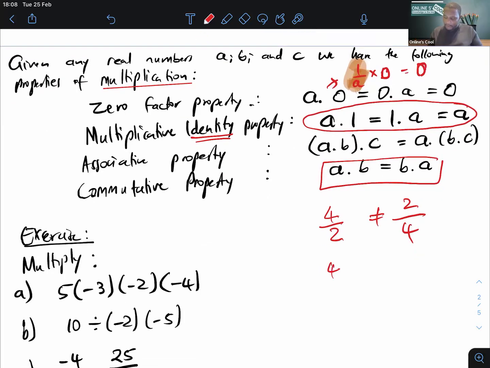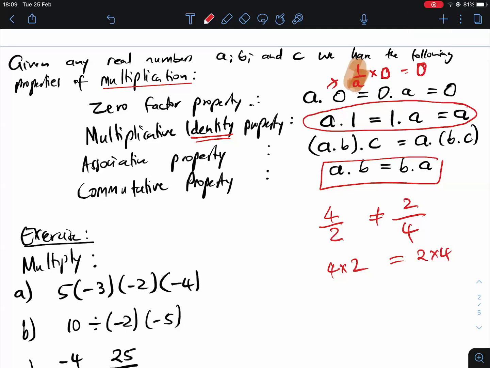However, 4 multiplied by 2 is equal to 2 multiplied by 4. So if it's multiply, you can change the order, but if it's divide, you have to be very careful. Those two things are not the same.